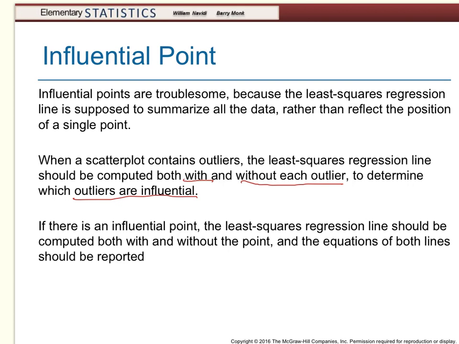If there is an influential point, the least square regression line should be computed both with and without the point, and the equation of both lines should be reported. This is to give the researcher or the person reading the study clues as to the effects of the outlier in the study.